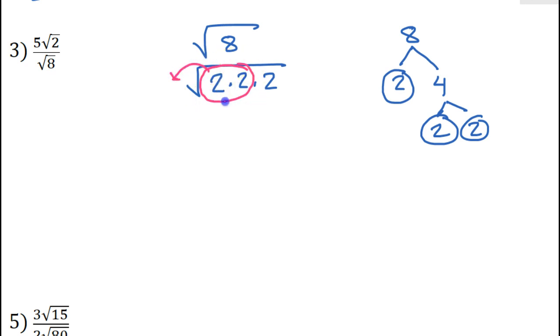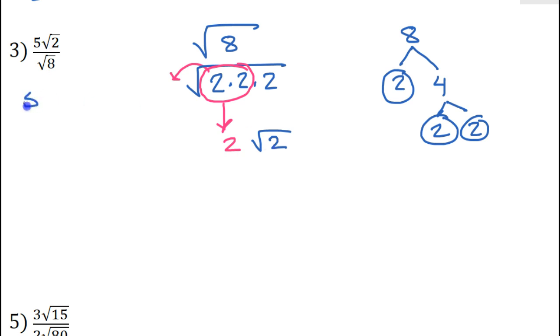So this pair of 2's is going to give us a single 2 outside the radical. Now this single 2 will be left inside the radical. So the square root of 8 is the same thing as 2 radical 2. So let's do that so far.